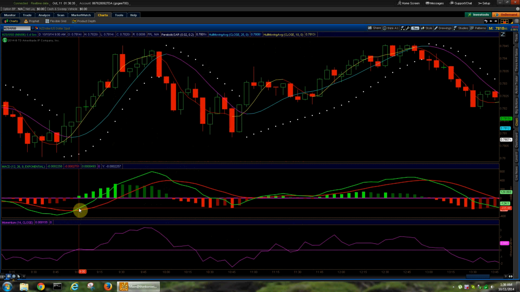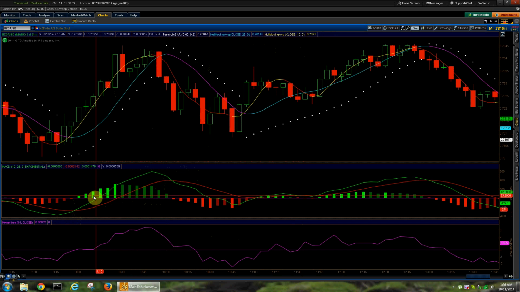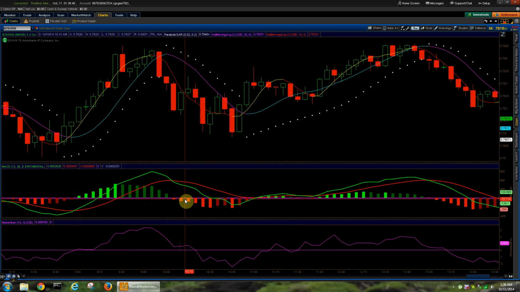You'll notice that there's lighter green and darker green. When it's lighter green, it means that the volume is increasing, and same thing here with the lighter red and the darker red. So anytime the volume is increasing, these lighter colors like lighter red or lighter green, that's good because it means that the trend is strengthening.